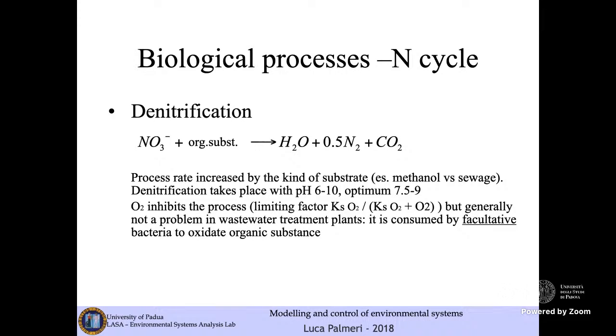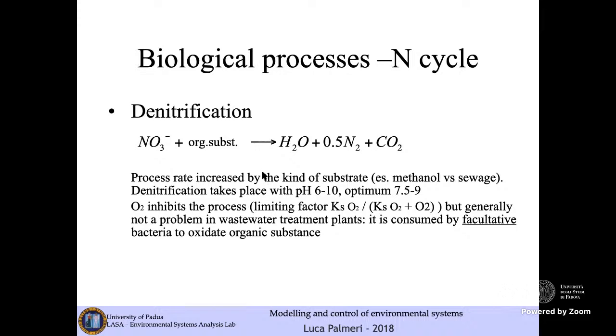I remind you that in this case you need a carbon source. So this is the organic substance as carbon source. In this case, nitrate and organic substance are converted into water, gaseous nitrogen, and CO2.